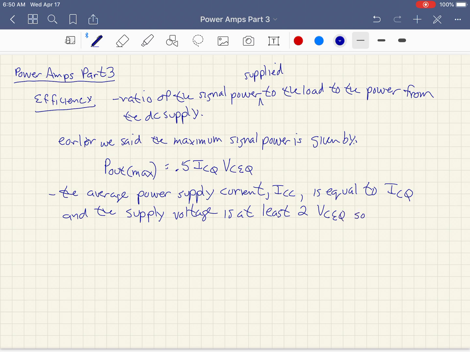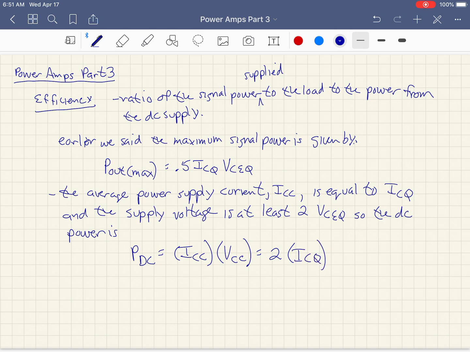So the DC power, we called it PDC, is ICC times VCC, and that's going to be equal to 2 ICQ times VCEQ.